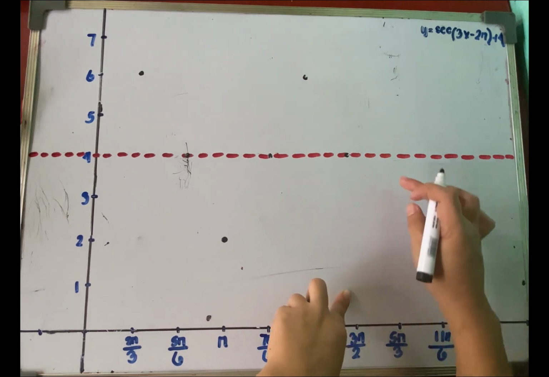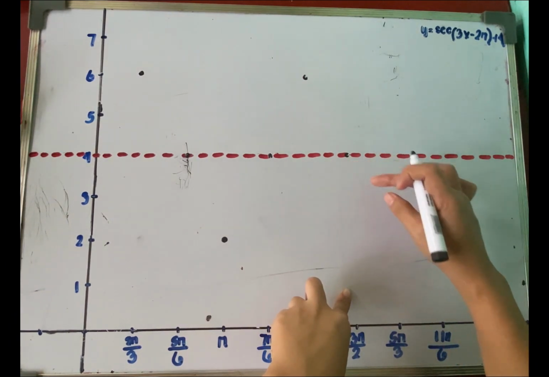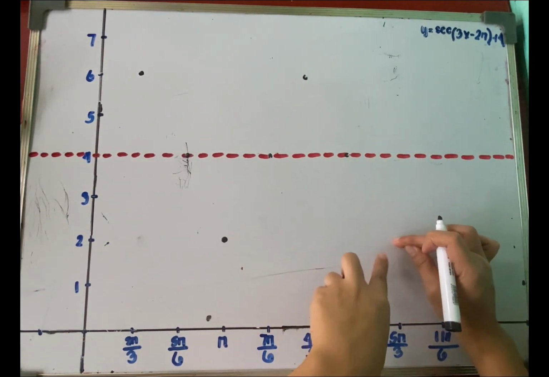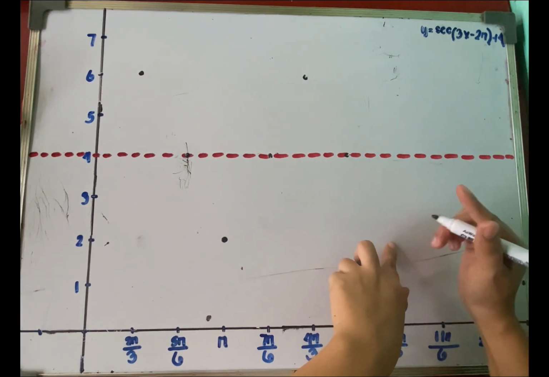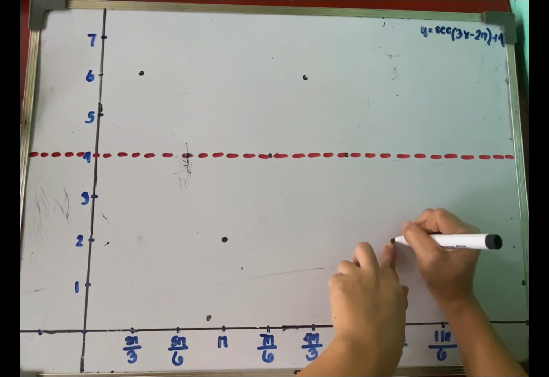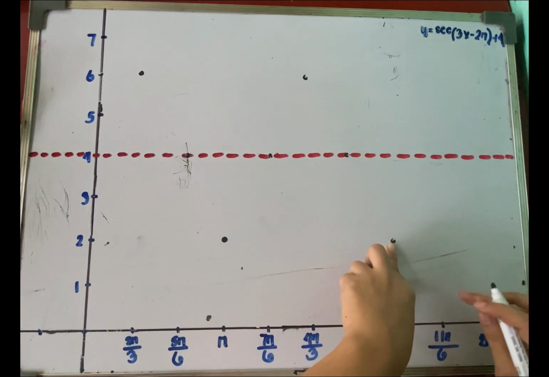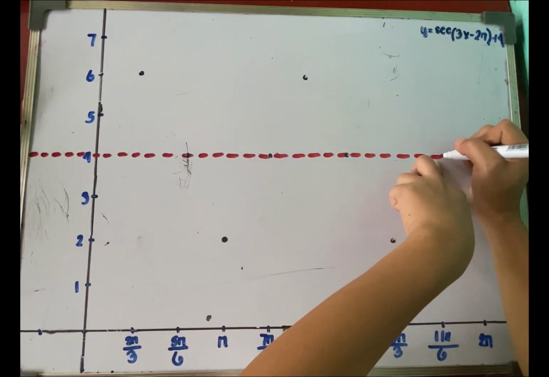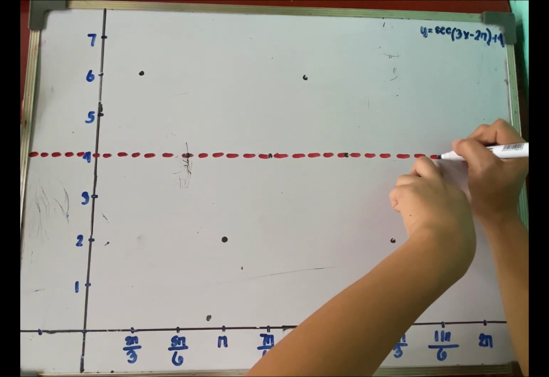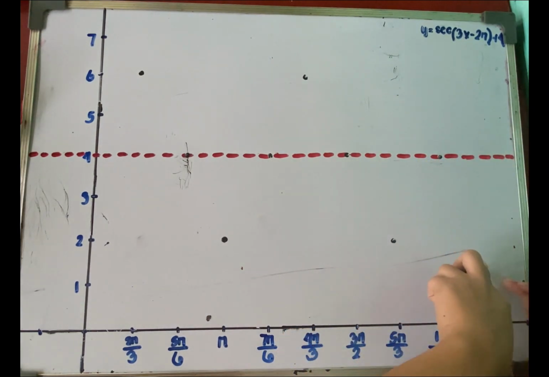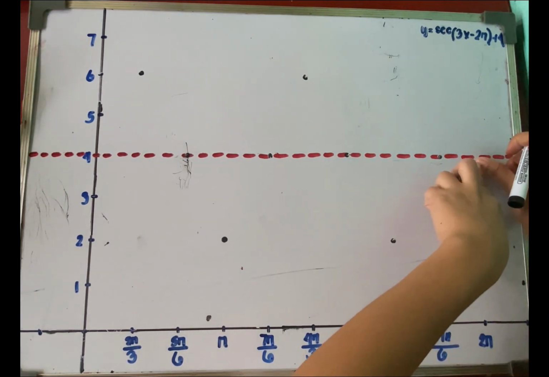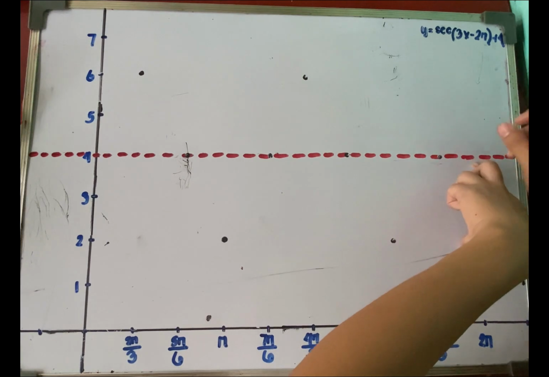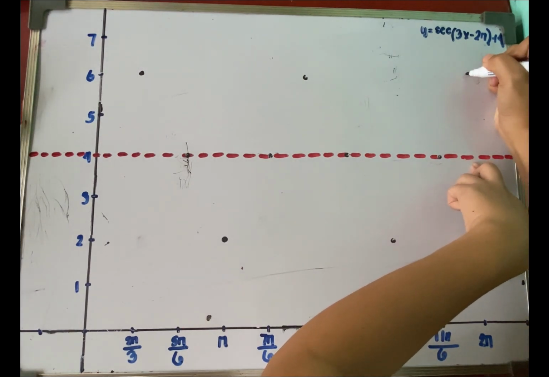And our 5 pi over 3 is paired with 2. And our 11 pi over 6 is paired with 4. And lastly, our 2 pi is paired with 6.